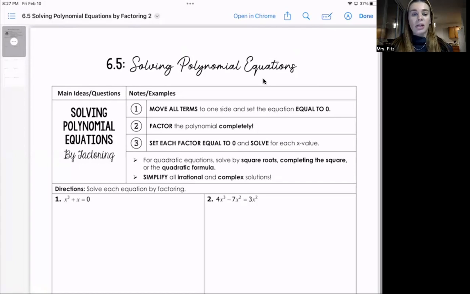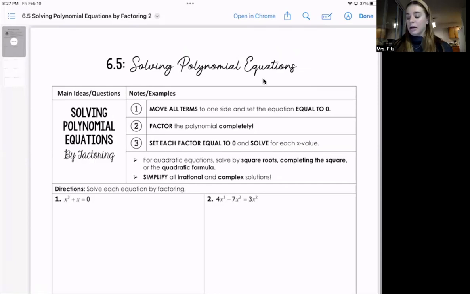Now, you can use all of the methods we learned in the last unit if it's a quadratic. So for quadratic equations, you could solve with square roots, completing the square, or quadratic formula. You may even be left with a quadratic that you can't factor when you are solving these polynomial equations. And we'll get into some examples like that.